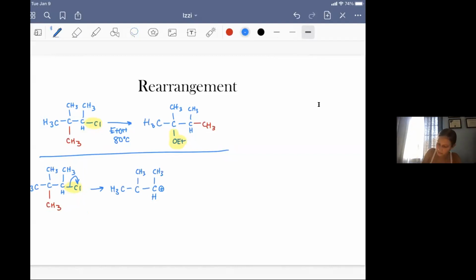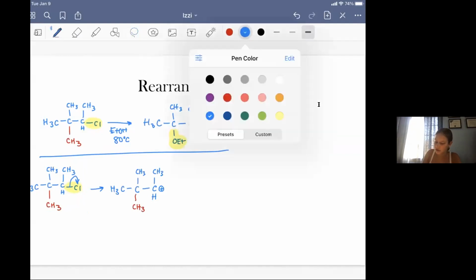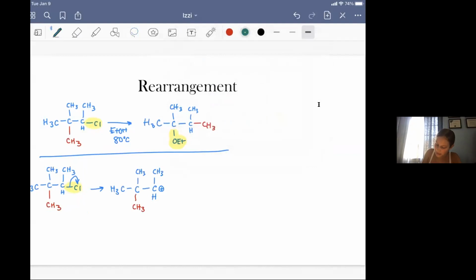So the carbon that's currently charged is a secondary carbocation. When the positive charge is on this carbon, this is a secondary carbocation. So I'll circle it right here.